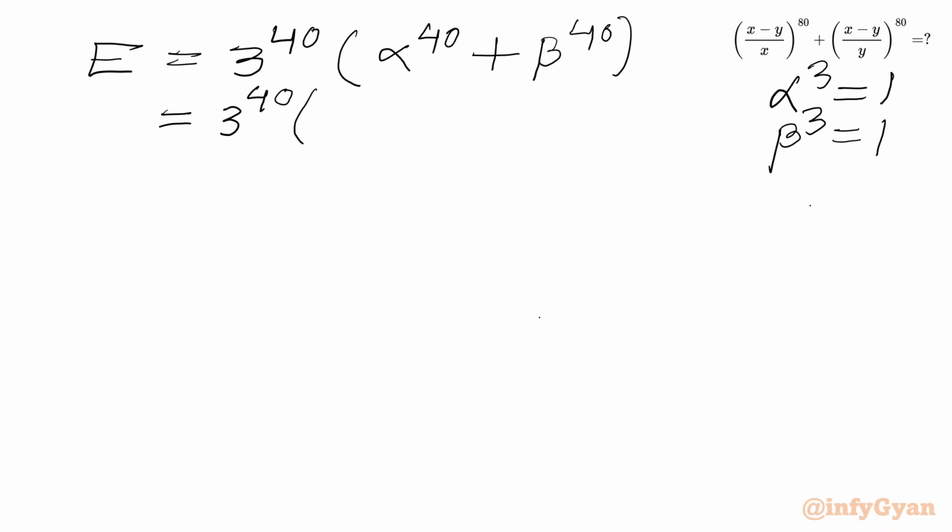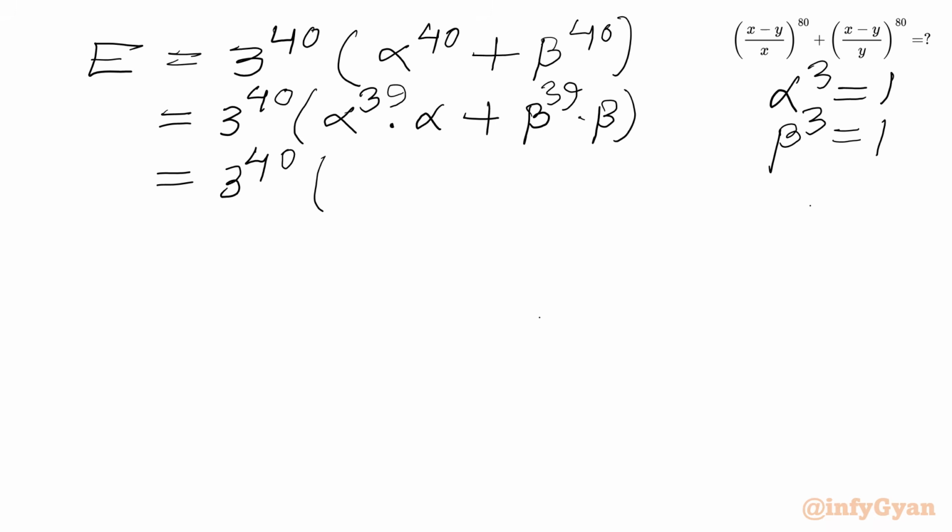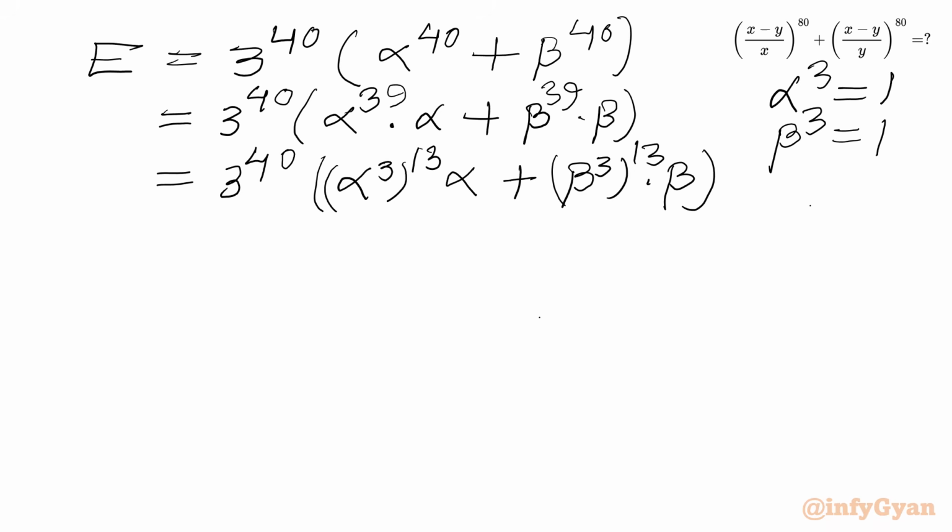So we will write alpha power 39 times alpha plus beta power 39 times beta. Using the power rule, we can write alpha power 39 as (alpha cube) whole power 13, since 3 times 13 is 39, times alpha, plus (beta cube) whole power 13 times beta. Now alpha cube is 1, beta cube is 1.